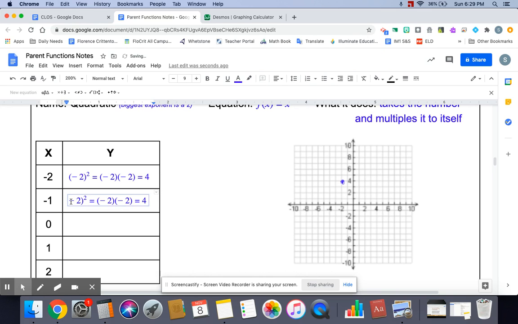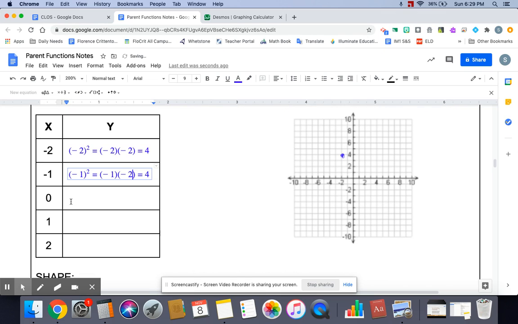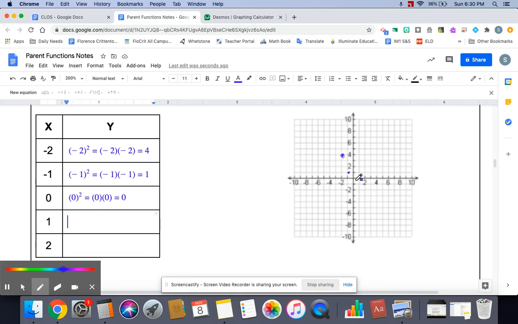For the next one, I put -1 in. -1 times -1 becomes +1. So to graph this point, when x is -1, y is +1. If I do this one, 0 squared means 0 times 0, which is 0. So there's a point at 0, 0.